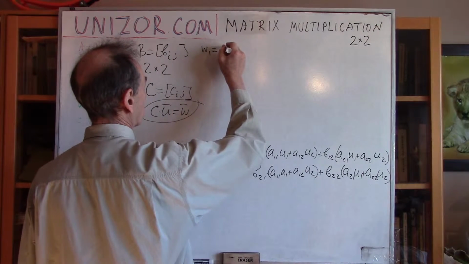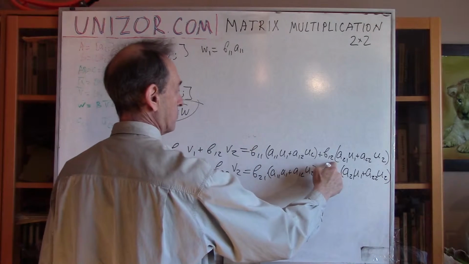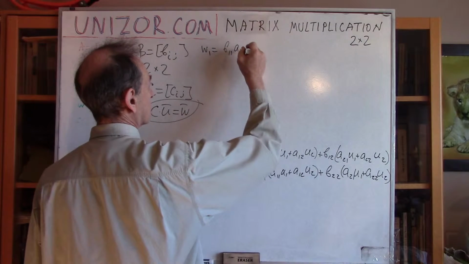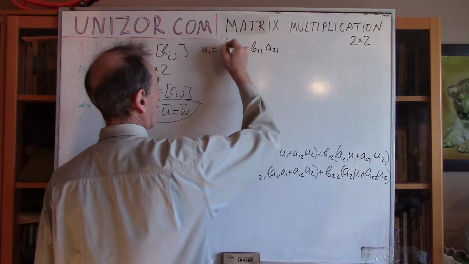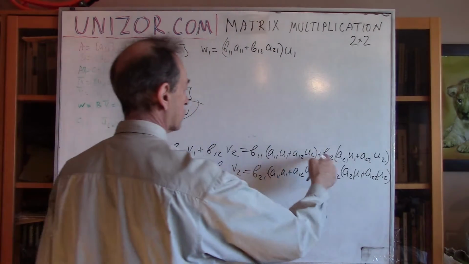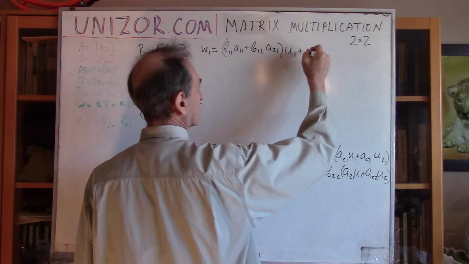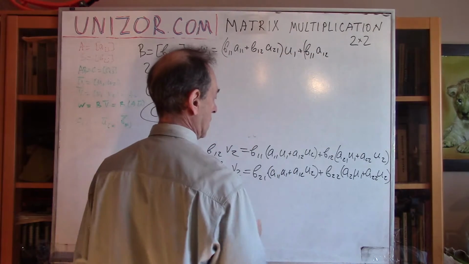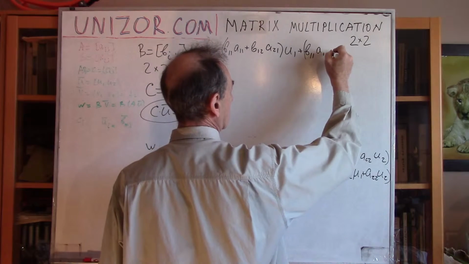B11 A11, B12 A21. U1, and U2 would be B11 A12 plus B12 A22.